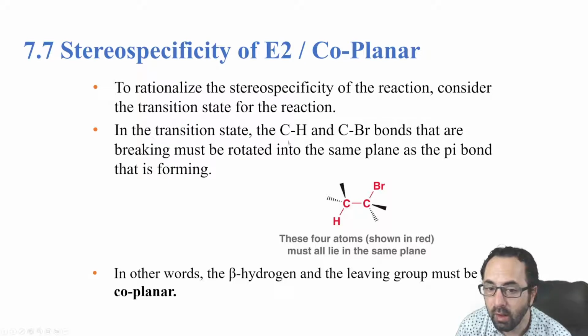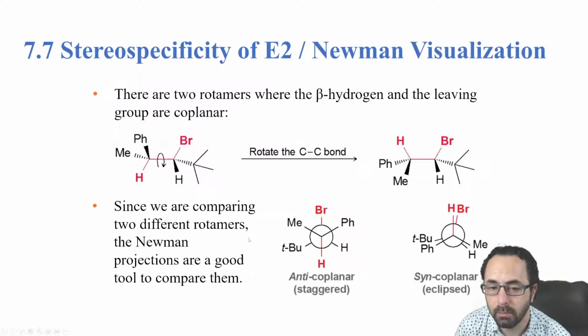In the transition state, the carbon hydrogen bond will be beginning to break, the carbon bromine bond will be beginning to break as well, and the carbon carbon double bond will be beginning to form. And this must all occur at the same time in an E2 mechanism. So we say that the beta hydrogen and the leaving group must be coplanar, meaning they're in the same plane.